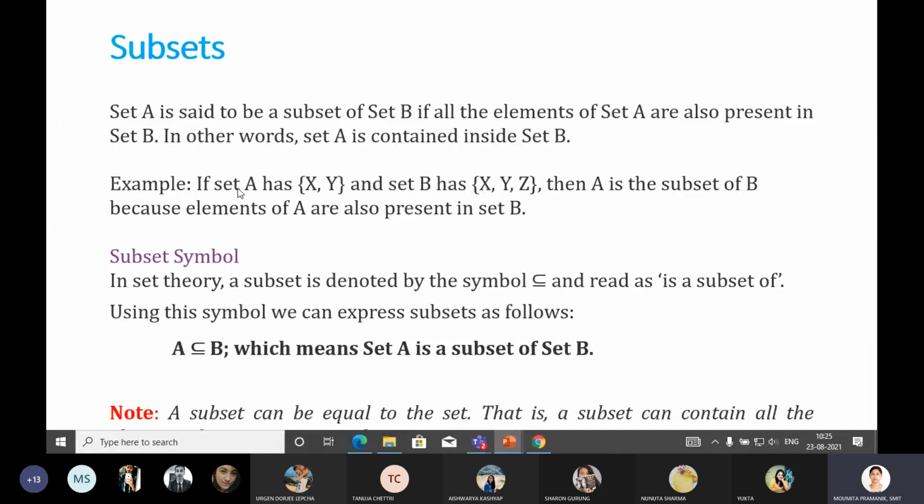So we can say set A is a subset of set B, because every element of A is also in B.